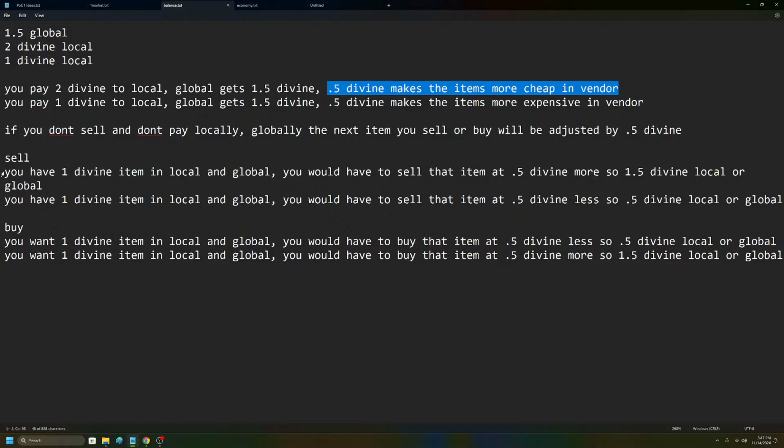And so let's say you sell something either at your local or global vendor, you would have to sell that item at 0.5 more, so 1.5 divine total, at the local vendor or the global vendor, if that item was only worth 1 divine.